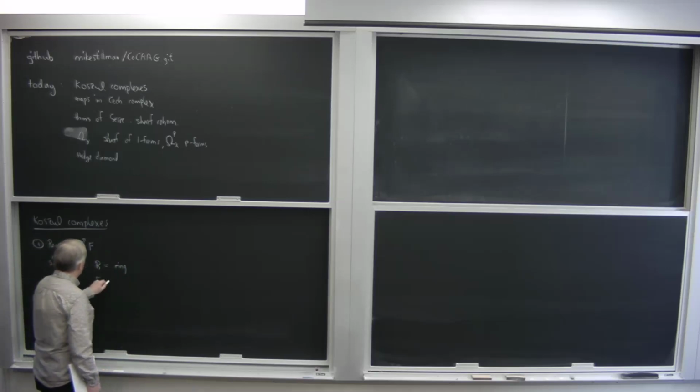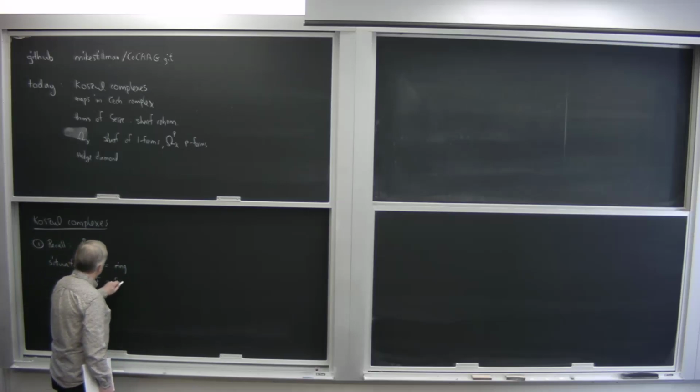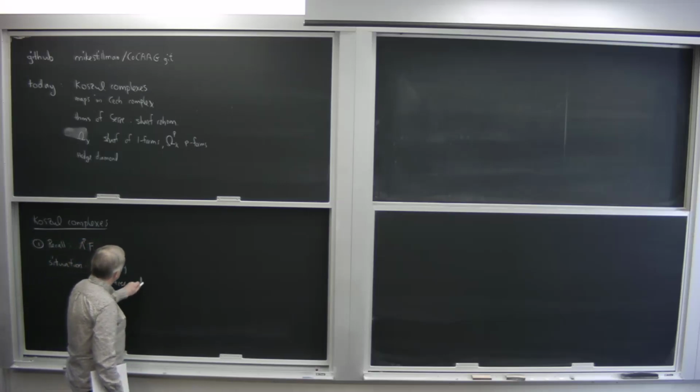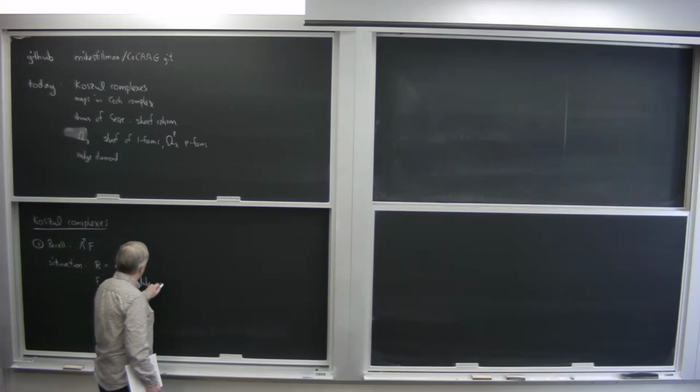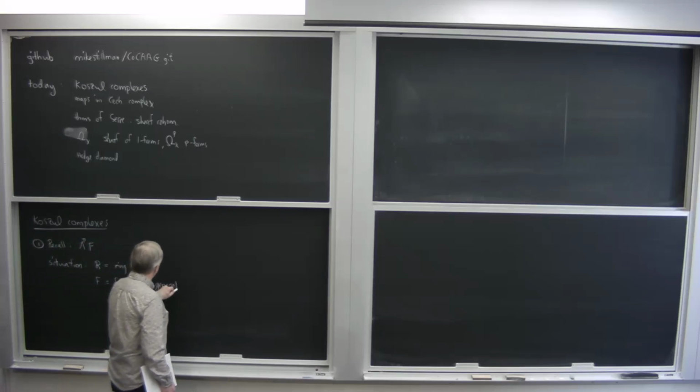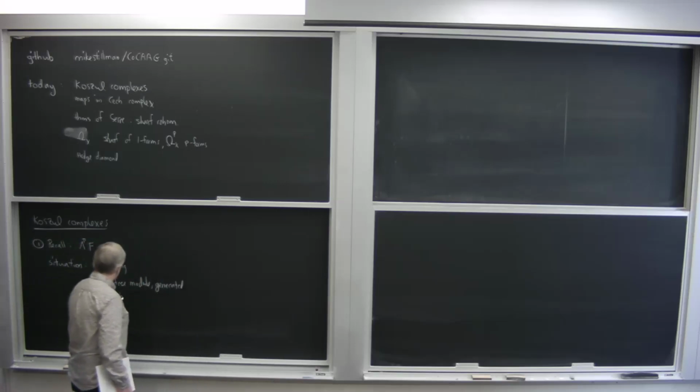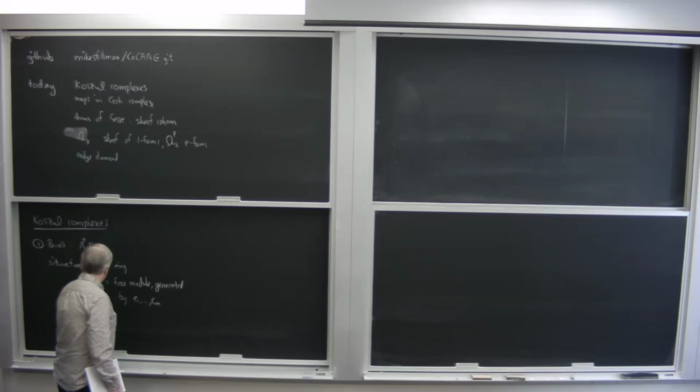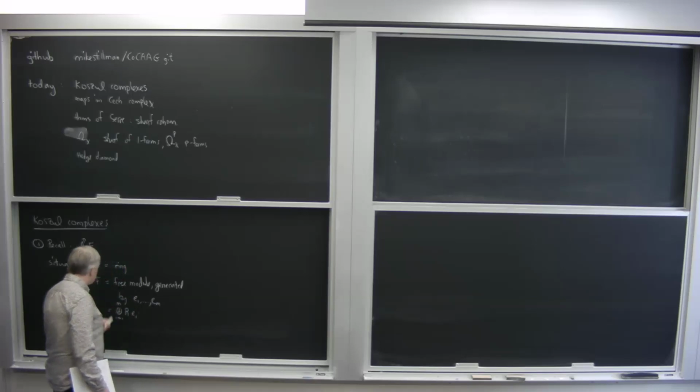And F is a free module generated by e_1 up to e_m, so it is equal to the direct sum of R times e_i, i equals 1 to m.